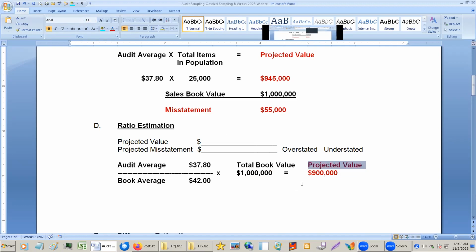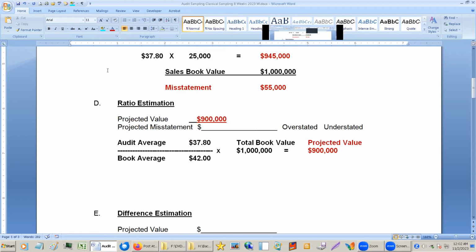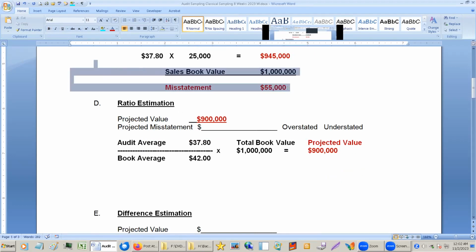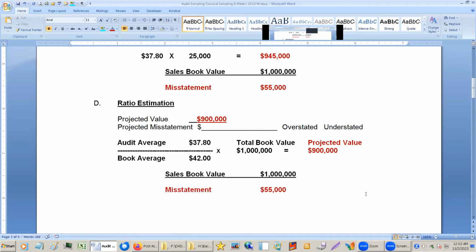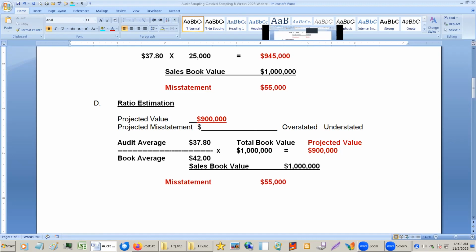And again, we're saying everything's off by the same ratio. So our projected value would be 900,000. This is what we think the sales should be on the books for. And we're going to do the same thing we did here. In this case, our projected misstatement will be 100,000.